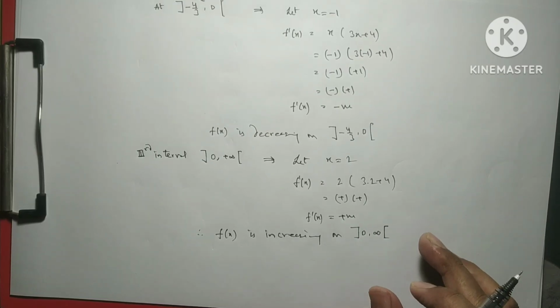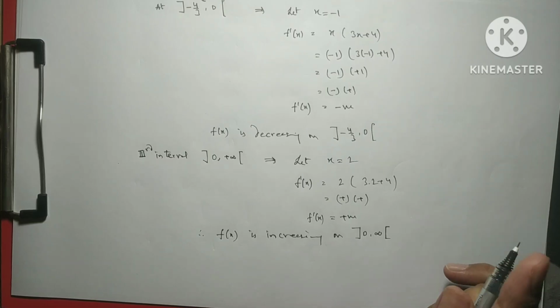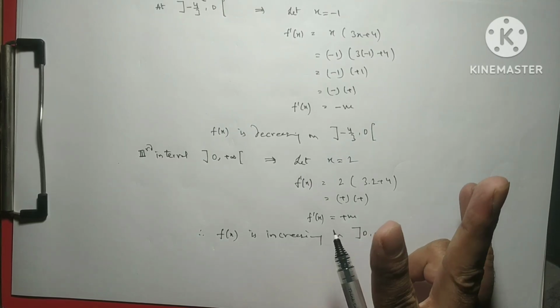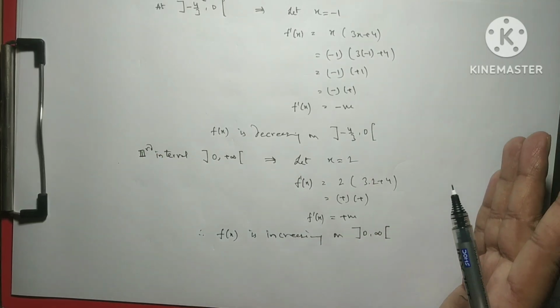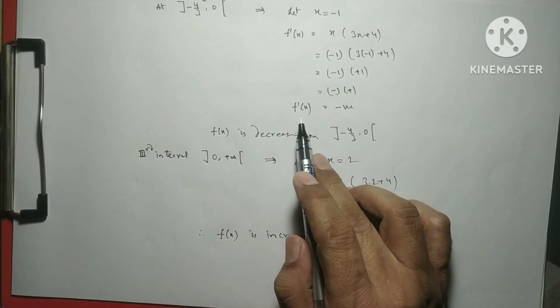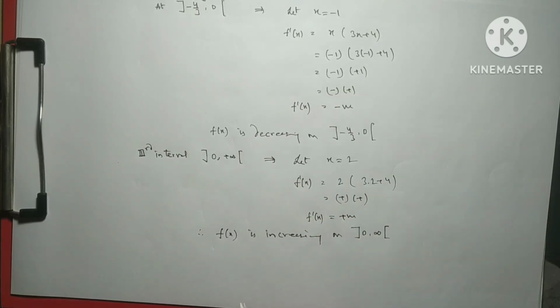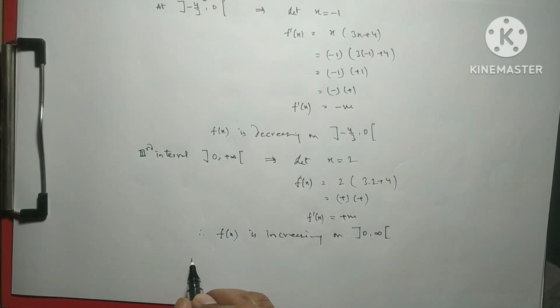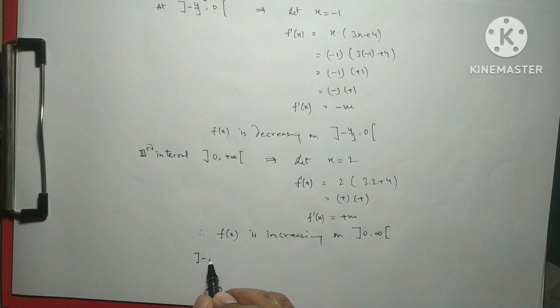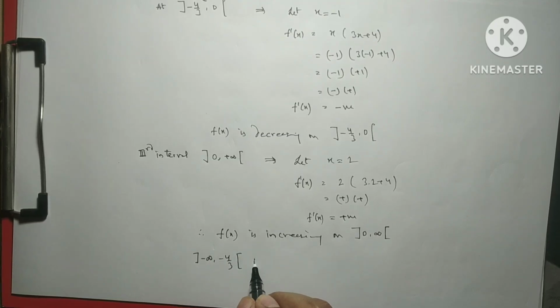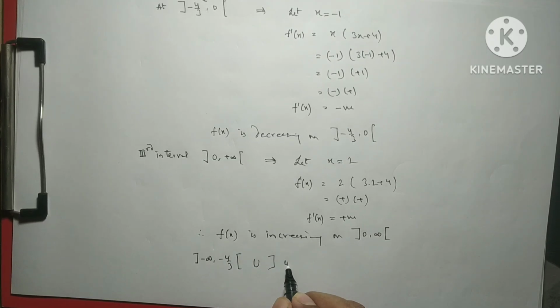So we have three intervals, in which for two intervals, first and third, we get f dash x positive. It means the function is increasing. So these are two intervals. So the answer will be first minus infinity to minus 4 by 3 union 0 to positive infinity.